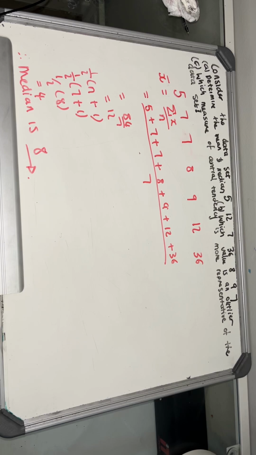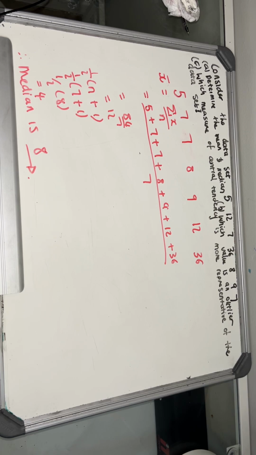Making sense? Cool. Now question B asks us which value is an outlier.